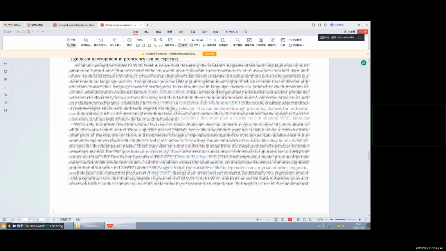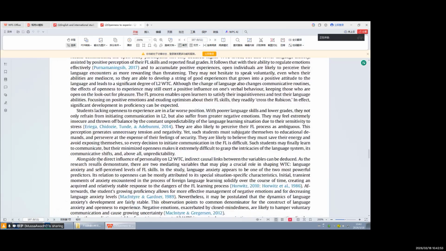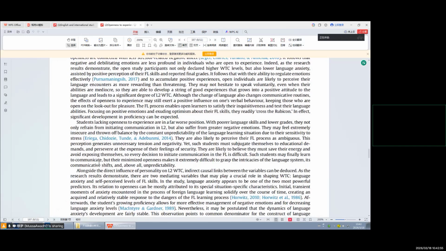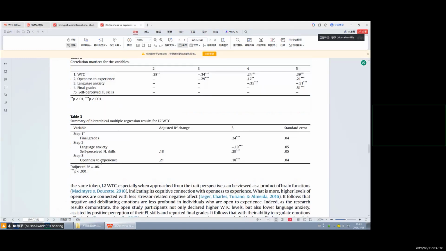What does this number tell us? It is a coefficient. What coefficient? This number here, what can it reveal?